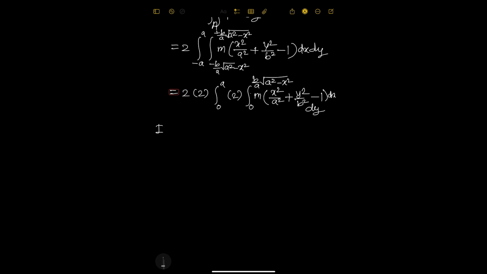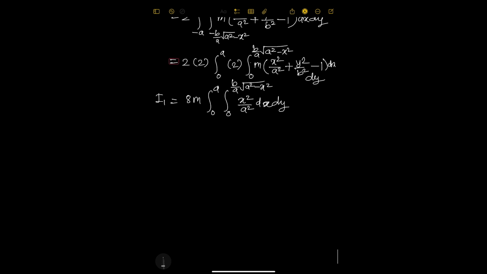Now we can divide this integration into different parts. I1 is equal to 8m into integration of 0 to a, 0 to b by a root a square minus x square, of x square by a square dx dy.